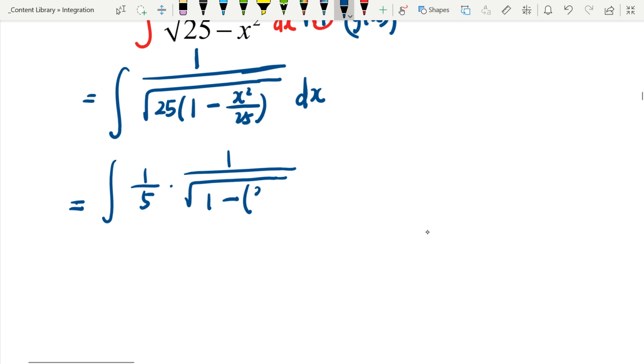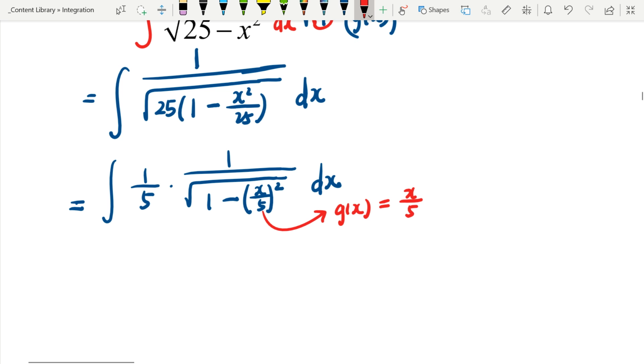I need a g(x) squared form. So overall, I need to put it to g(x), g(x) bracket squared. In this case, my g(x) is x over 5. After I make it into 1 minus something squared, the something is g(x).